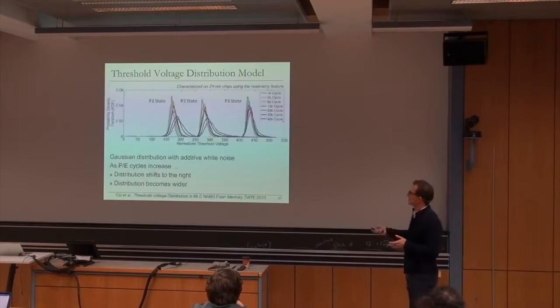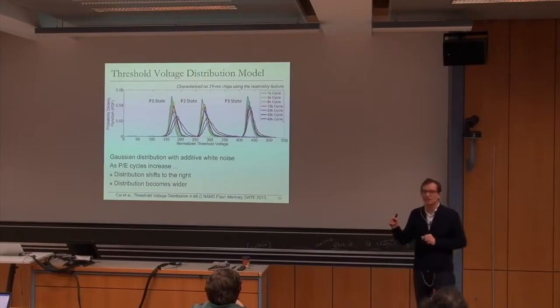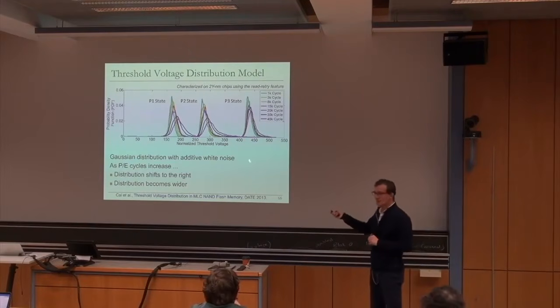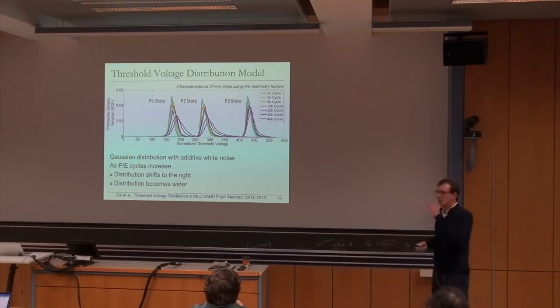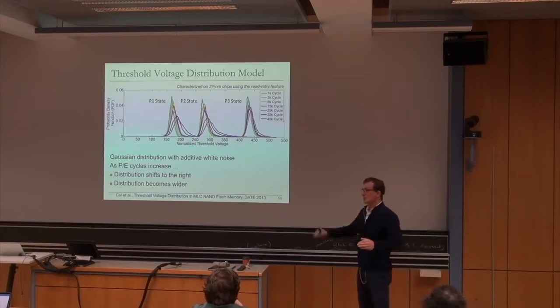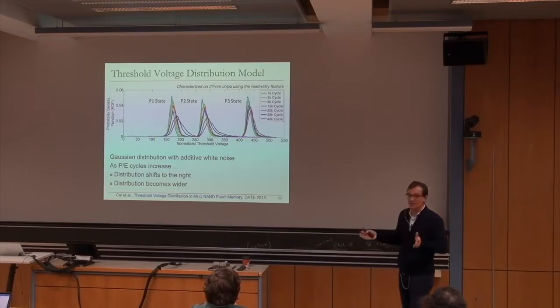This picture doesn't show it, but the paper actually shows that the mean and the standard deviation of the Gaussian distribution change exponentially with the program/erase cycles. Which means that at program/erase cycle X, you can predict the mean and the standard deviation of the same distribution after some time. Right, at program/erase cycle 15K, for example.